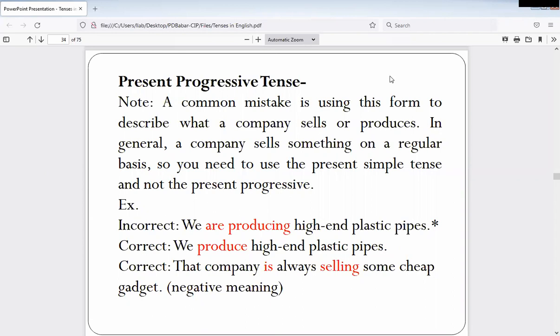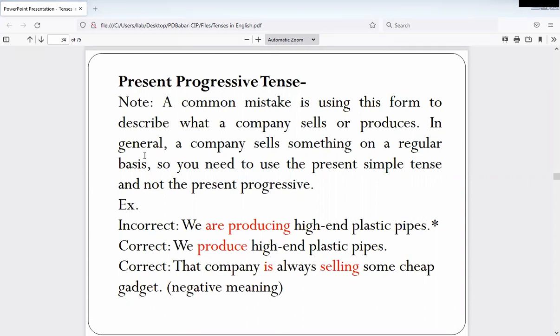And we don't have to use our company is producing or selling high quality products. We cannot say like this. So this note we have to keep in our mind.